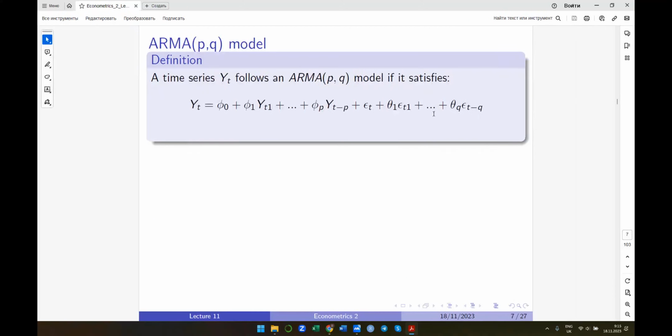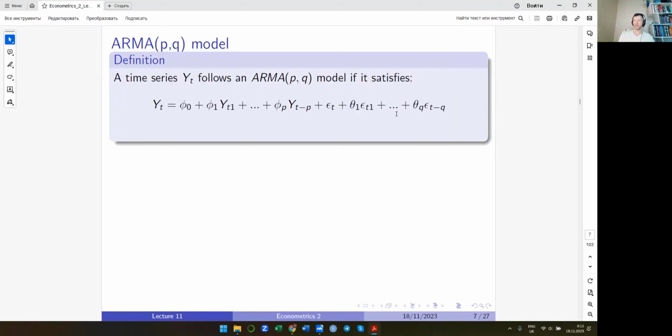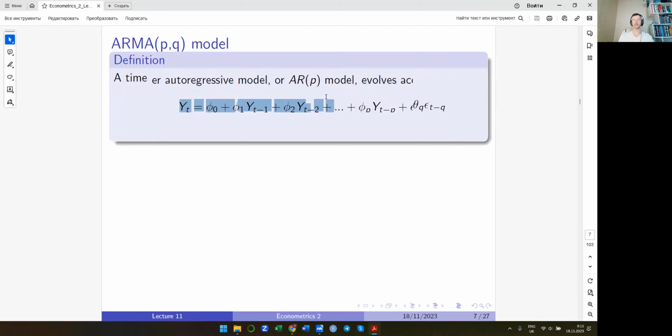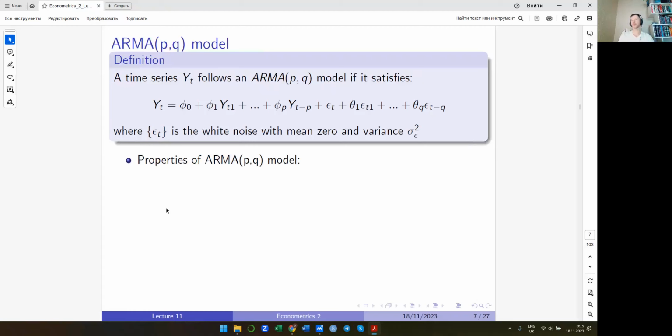Now, when we combine both models, we get the ARMA(p,q) model. So this part is the AR model, this part is the MA model. So we combine and we get the ARMA(p,q) model. Again, we have white noises, epsilons here. What are the properties? From the AR part, we have the mean.